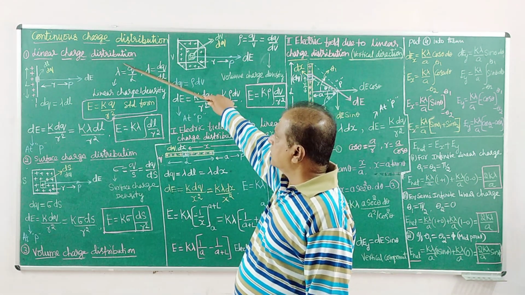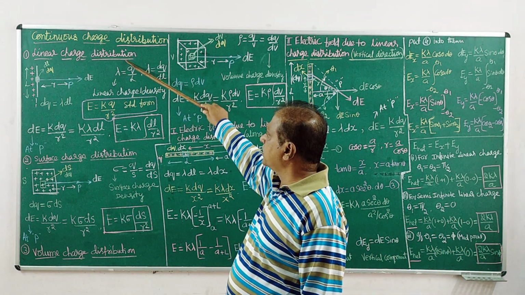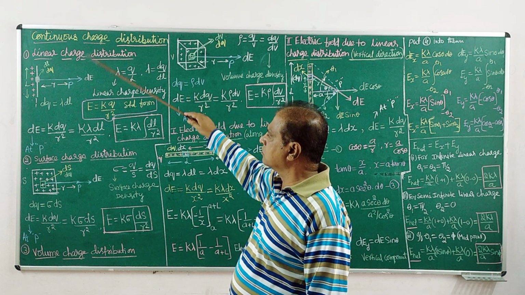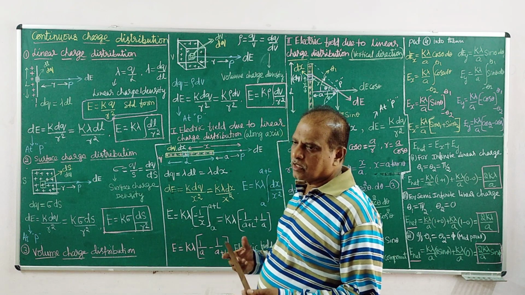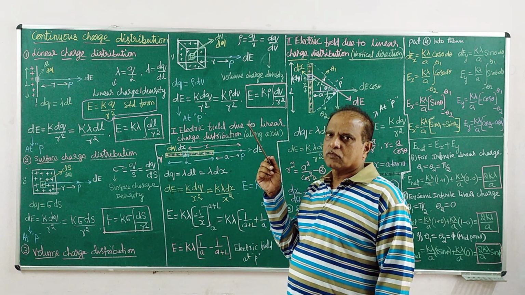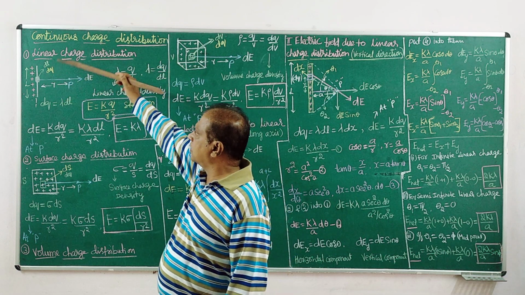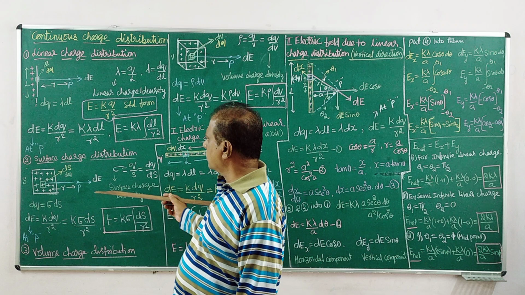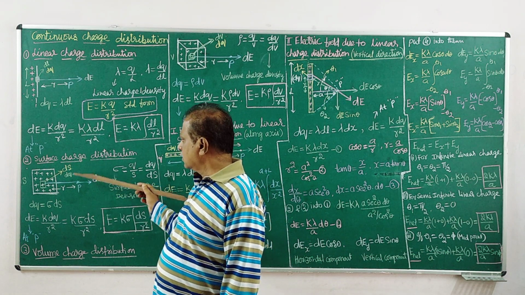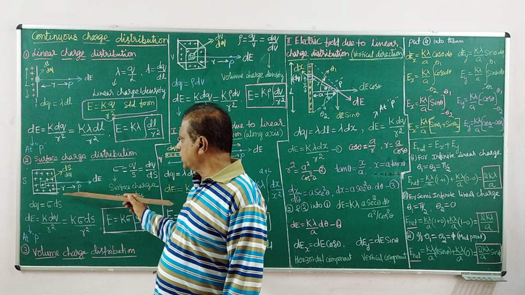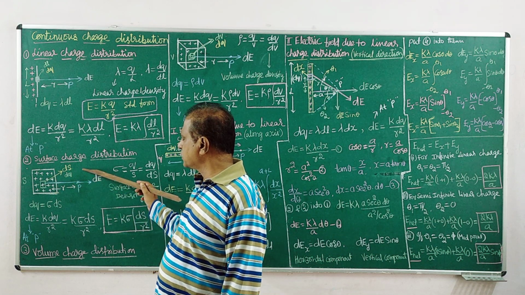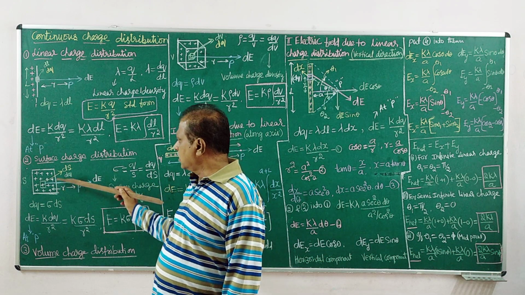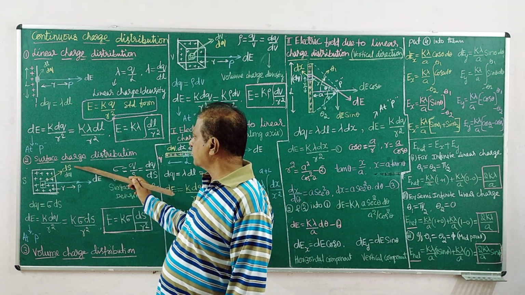One dimension means it is a linear charge. It looks like a line, like a thin wire, a single straight line like this. That is a linear charge distribution. Two dimensions is a plane, a plate like this. The charges are distributed in the plane like this. It is called surface charge distribution.